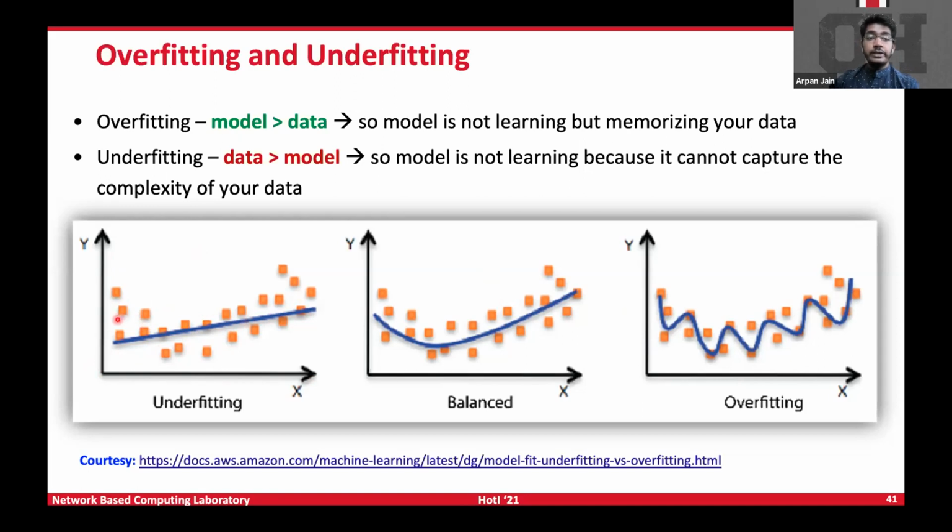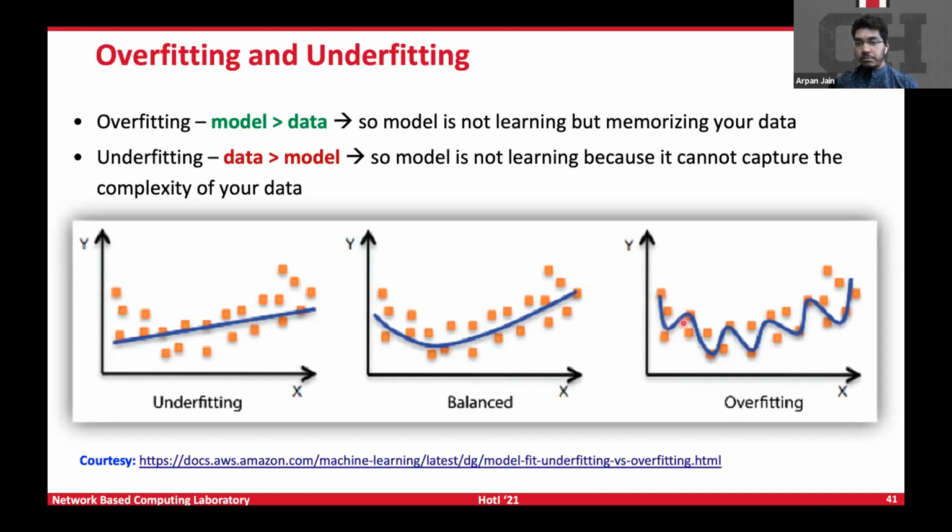If we train a linear line on this data, it will not give us the best accuracy. So this is underfitting. The model is not complex enough to find the relationship. If you are training a higher order polynomial function like the 7th order or the 8th order, then it will also find these.